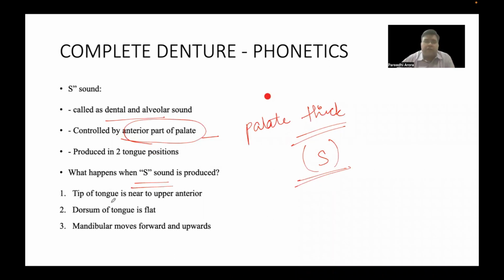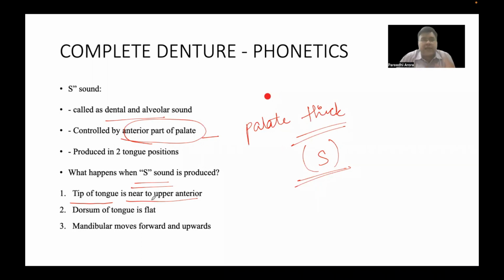The tip of the tongue is near the upper anteriors. The dorsum of the tongue is extremely flat, and the mandible moves forward and upward. That is what happens at the S sound.